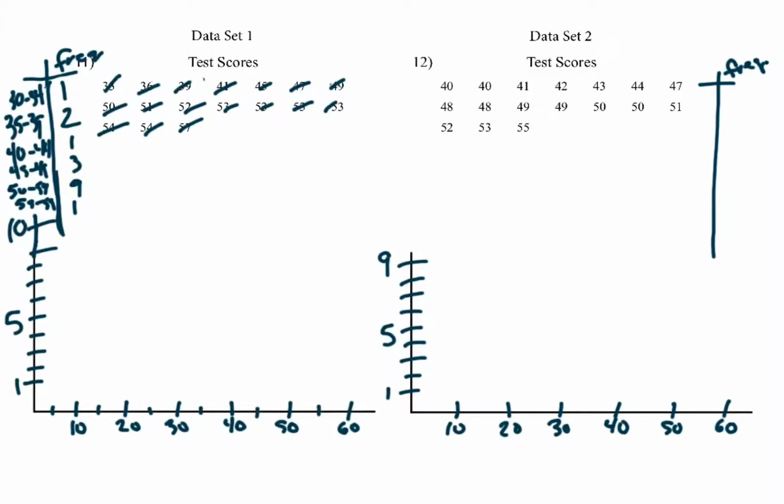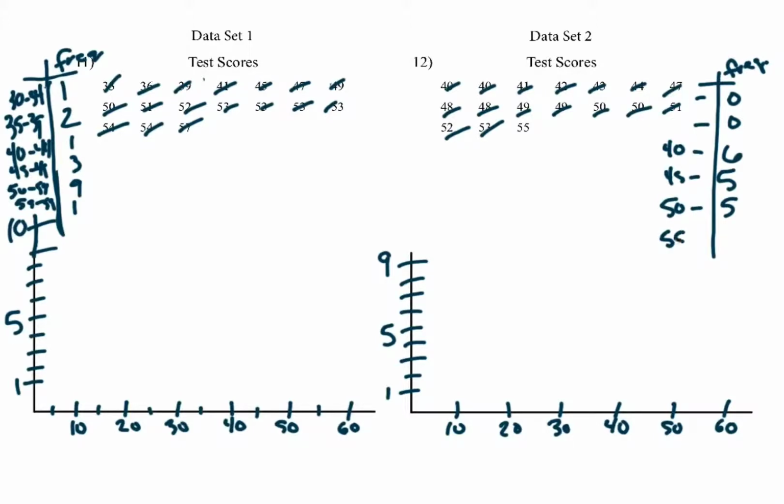Okay. So we'd have the same categories. So 30 to 34 was 0. 35 to 39 was 0. Then 40 to 44, 1, 2, 3, 4, 5, 6. Okay, that's 40 to 44. 45 to 49, 1, 2, 3, 4, 5. 50 to 54, 1, 2, 3, 4, 5.